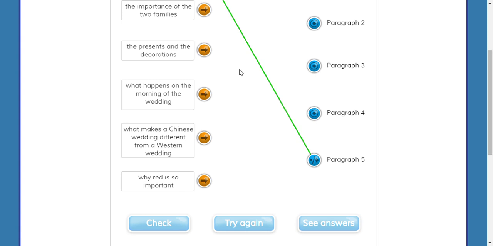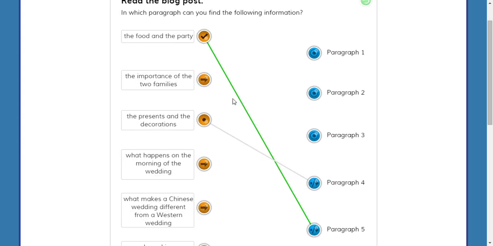Number 4. Okay. What about the importance of the two families? 1, 2, 3, 4, or 5? 3. Okay. Number 3. Let's continue.